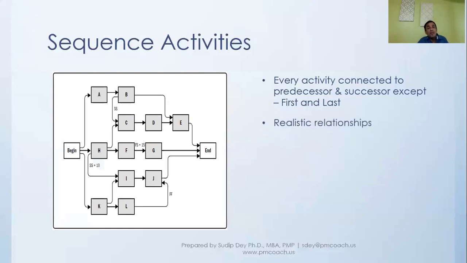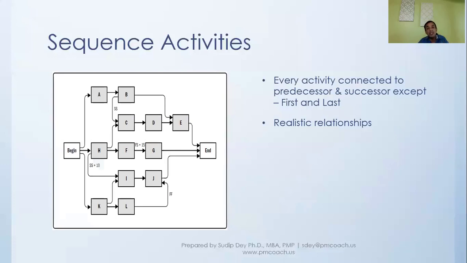The relationship we determine should be realistic. We should actually see what is going to happen on the ground and then determine the relationship between two activities. For example, if we say this has to be finished only after the previous one is finished, then we have to have some reasoning behind why that is.